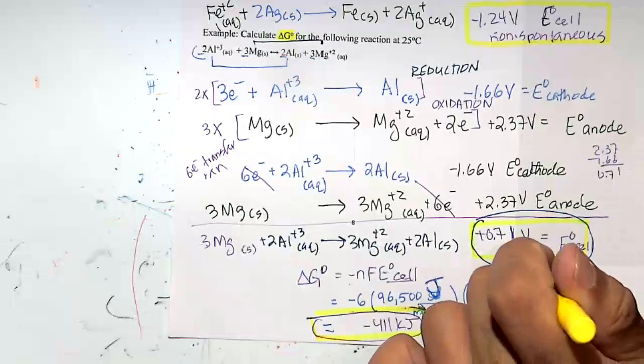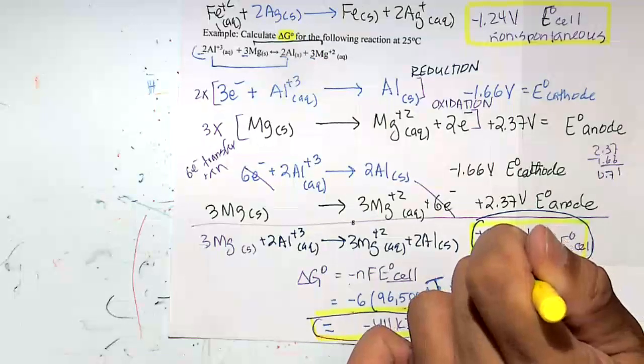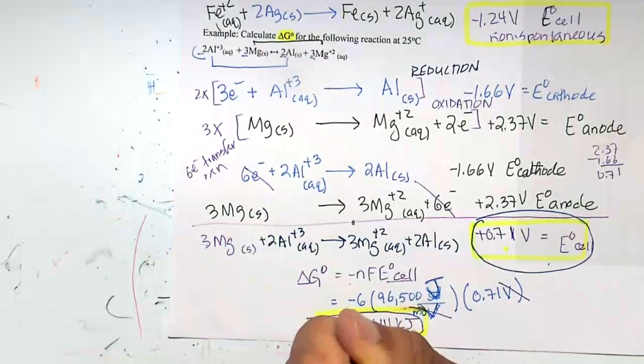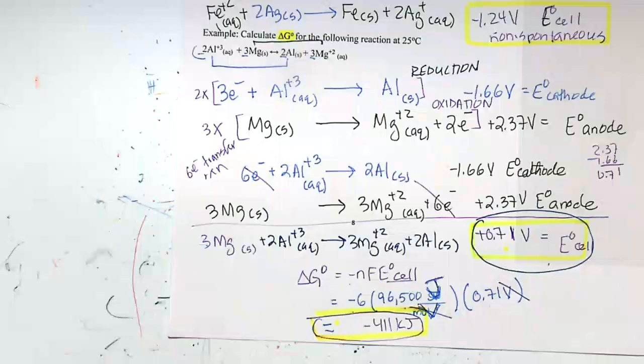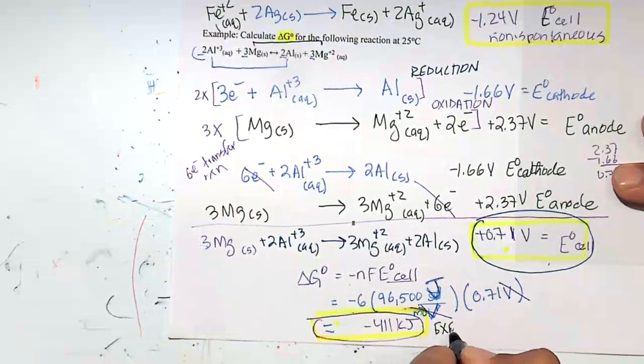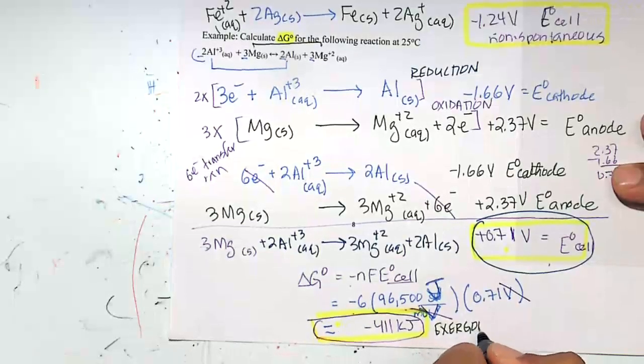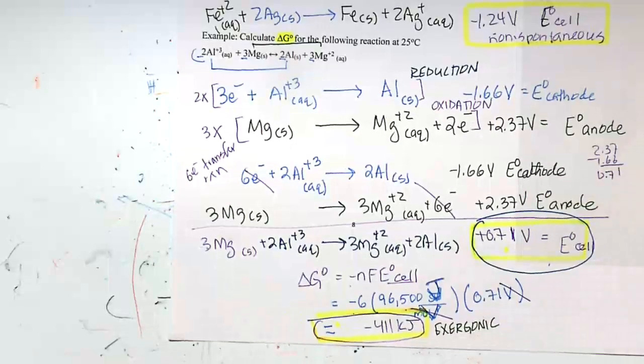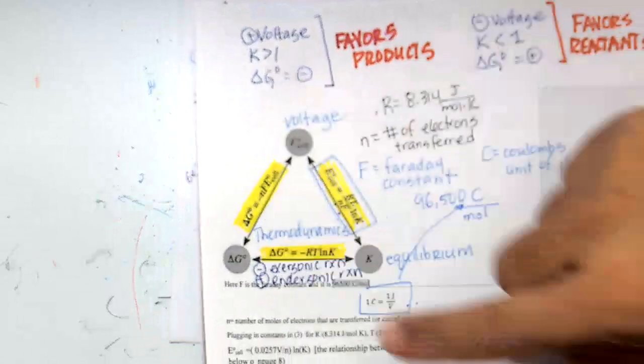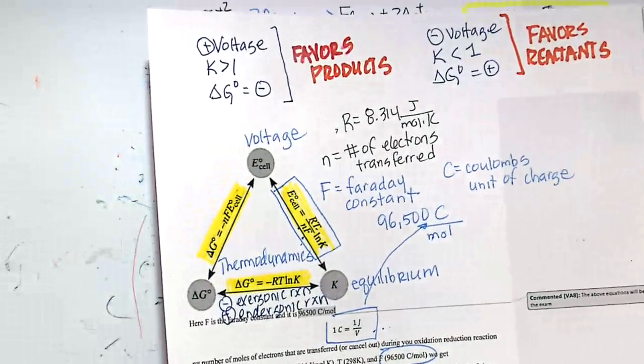They symbolize a reaction that favors the products. And negative delta G means it's an exergonic reaction. Can we do this on the exam? Provided I give you these equations, make sure you pick the right equation. Can we do this?